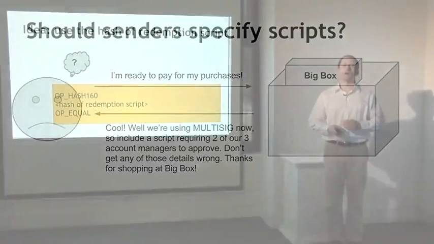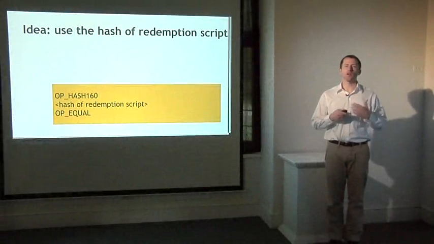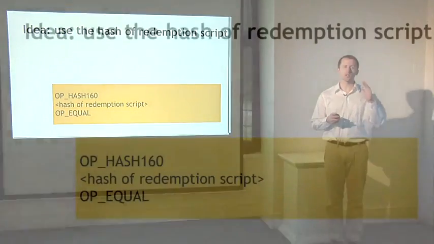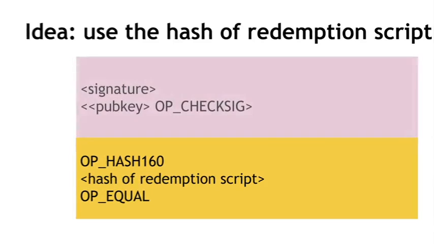So in response to that problem, there's a really clever hack in Bitcoin, which is that instead of having the sender specify the entire script, the sender can specify just a hash of the script that is going to be needed to redeem those coins. This looks like the sender specifying a very simple script, which just hashes the top value on the stack and checks to see if it's equal to the required redemption script.